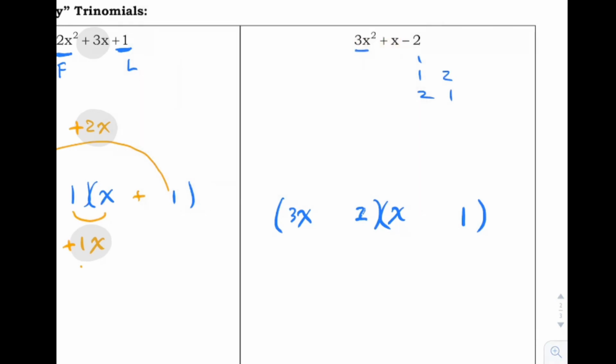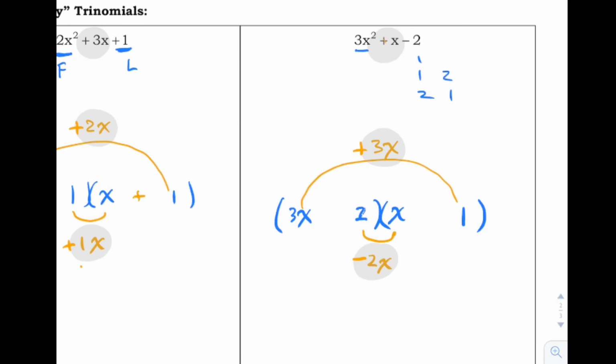Hopefully it will. So now my outer product is going to be 3x times 1 is 3x. My inner product is going to be 2 times x. And the question of the day, can I combine a 3x and a 2x to get a 1x? I can if I do it this way. A positive 3x with a minus 2x. You always want to think in terms of adding positives and negatives together. So a plus 3 and a minus 2 gives you a plus 1.